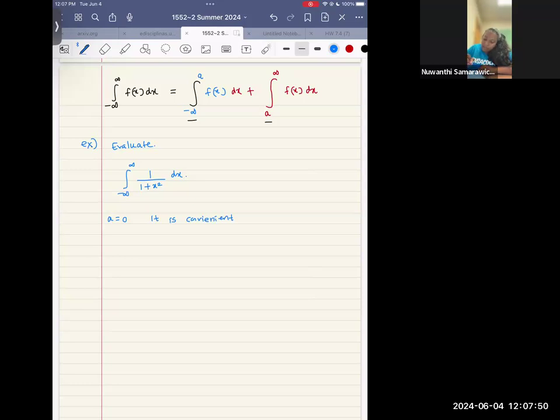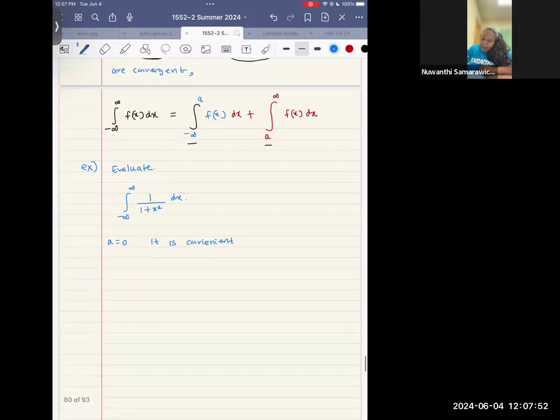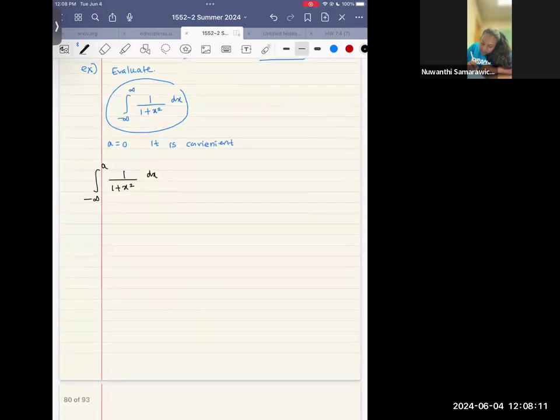Okay, so to find this one, we need two parts. The first part is negative infinity to a, so can I find this? We did this yesterday. And the other one, where a is equal to 0, is 0 to positive infinity, 1 over 1 plus x squared dx.